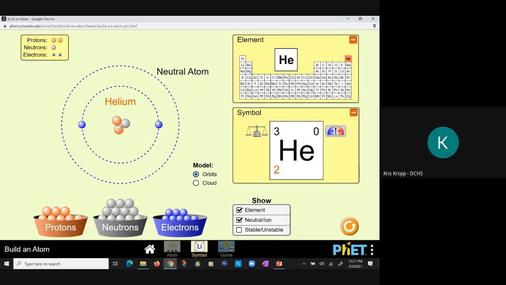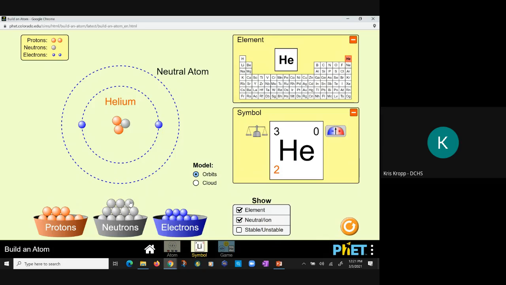So the 2 in orange, atomic number 2 down here, that orange is my atomic number, the element number on the periodic table. Because protons and electrons are equal, there's no net charge. And again, notice that my mass is 3 because I have 2 protons plus 1 neutron in the nucleus.